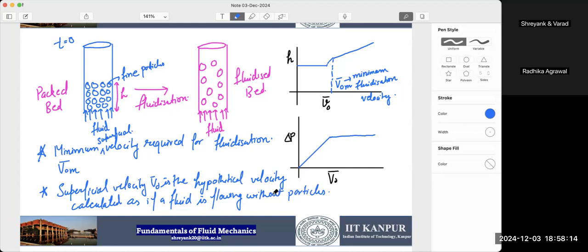Okay, so this is the superficial velocity. So this is the concept of fluidization, and we need to calculate this minimum fluidization velocity.